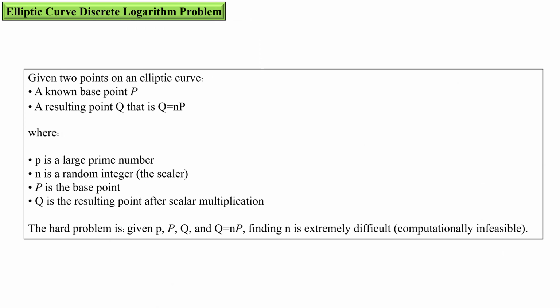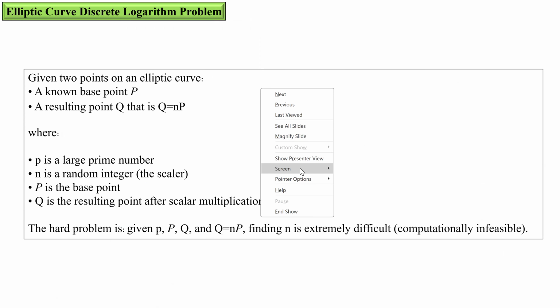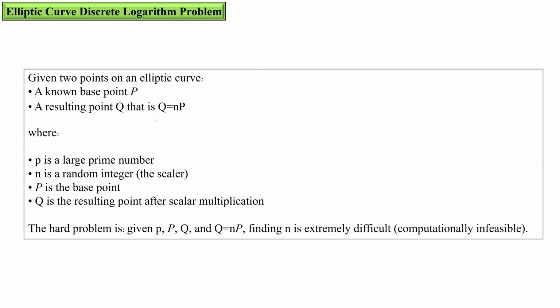The problem says that if you have two points on the elliptic curve, like P and Q, in a way that Q is n times P, and the prime is large. For our example, the value of the prime is 101, right? So 101 is not a big value, but to understand, we discuss with a small value.